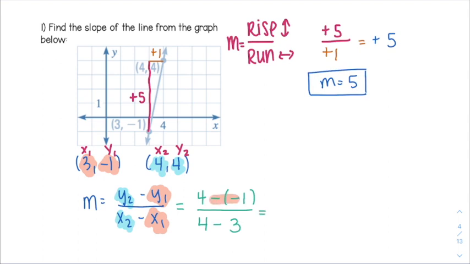I know my double negative becomes plus, so 4 plus 1 is 5. 4 minus 3 is 1, and really my slope is still 5. Same thing. So whether you're using your rise over run or your slope formula, as long as you're doing the math correctly and adding everything up and simplifying and following your formula, you will find the same answer.